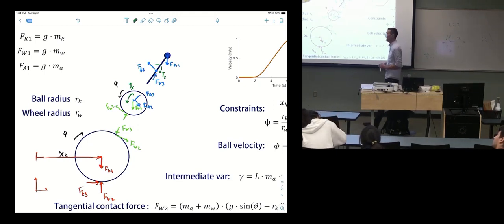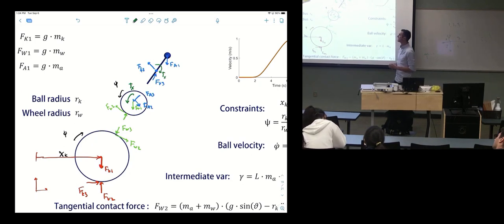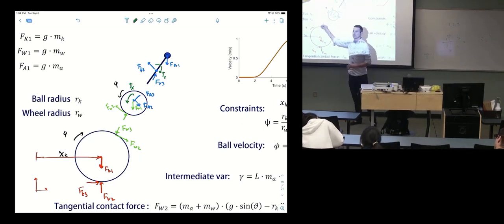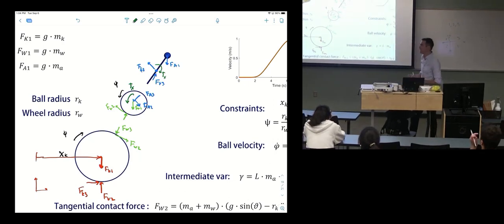So what we want is Tx. So what forces do we need to actually compute that? FW2. That's going to be the force acting at the interface between the wheel and the ball, and it has to move around all the different mass components.